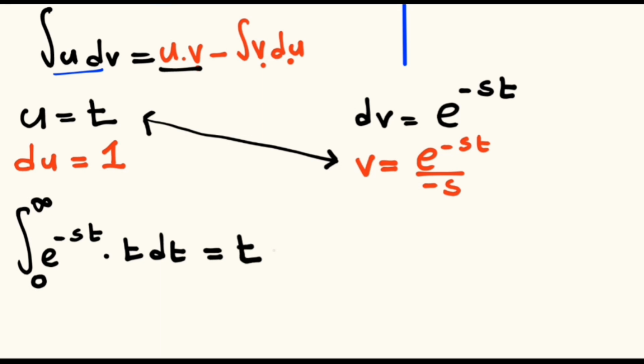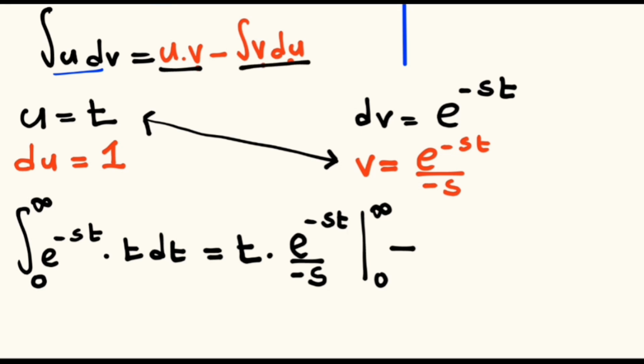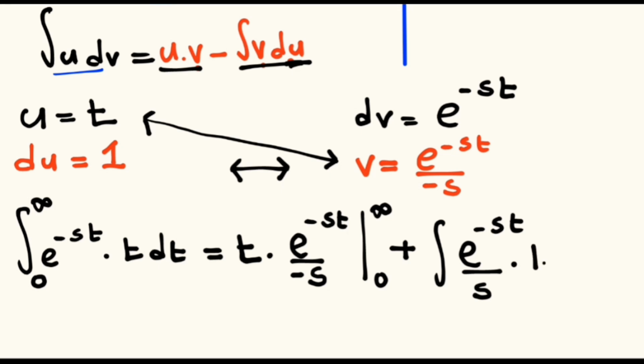The u is equal to t, and the v is equal to e raised to the power negative st divided by negative s, and our integral is from 0 to infinity, and we have the minus the integral of v multiplied by du, and our v is equal to e raised to the power negative st divided by the negative s. That negative and that negative will be positive, and our du will be equal to 1, and we are integrating with respect to t from 0 to infinity.